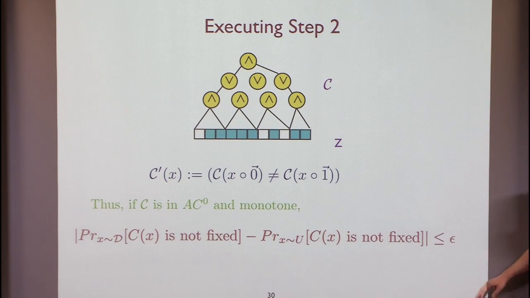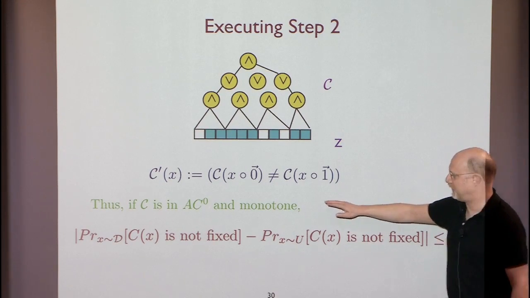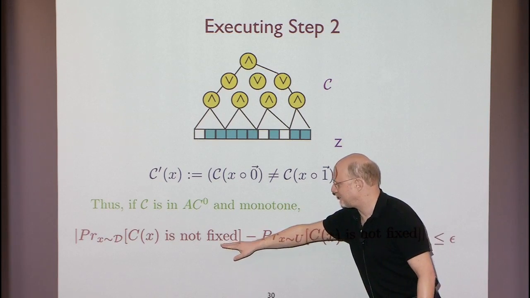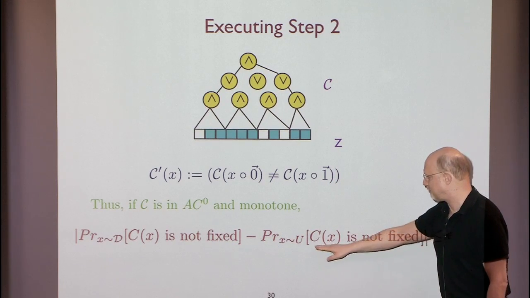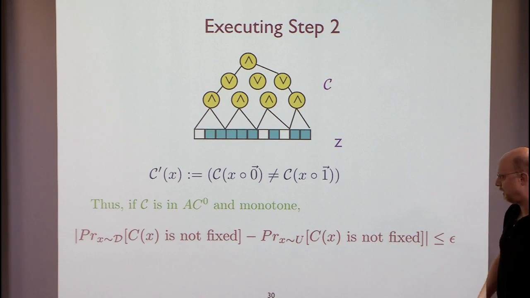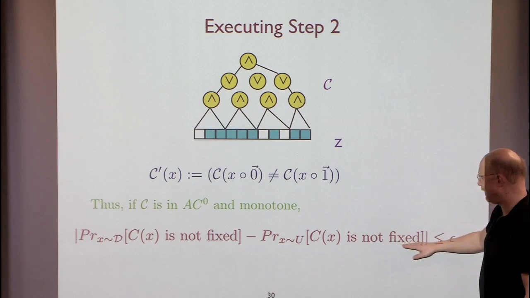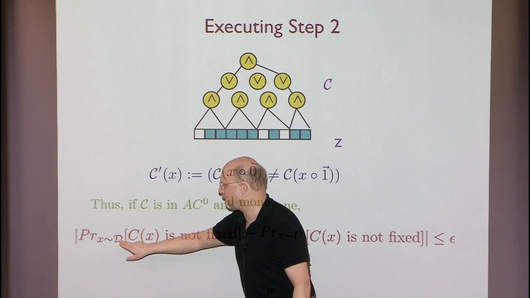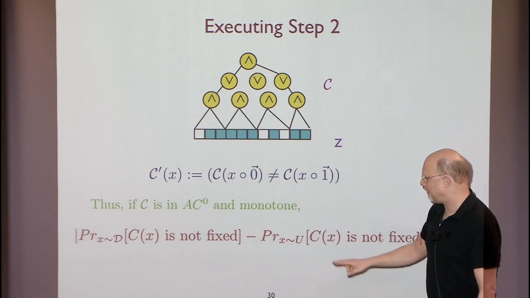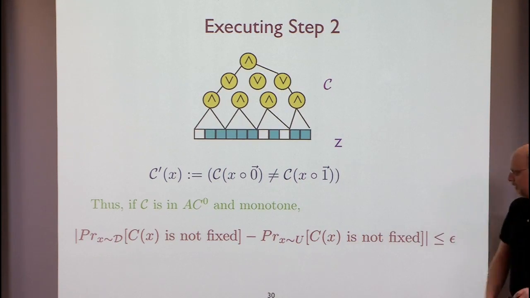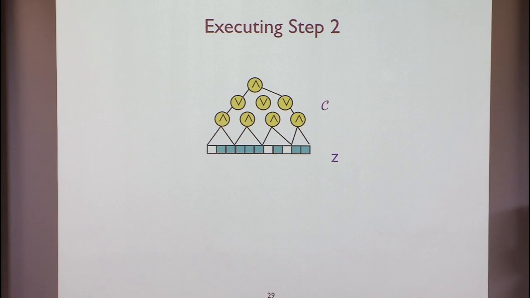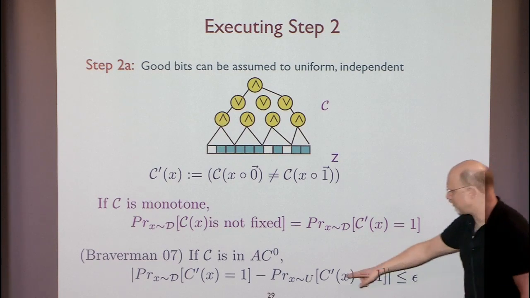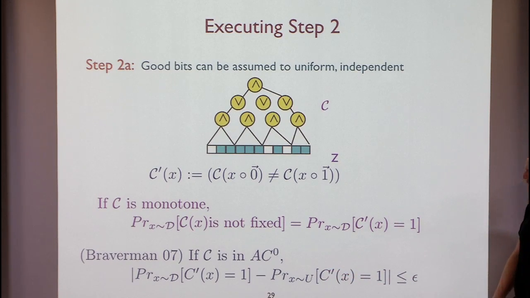So let's put these 2 ideas together. If C is both in AC0 and monotone, then the probability that C is not fixed when x is chosen according to D is about the same as when it's chosen according to U, because it's really just saying we're fooling this new circuit C prime.